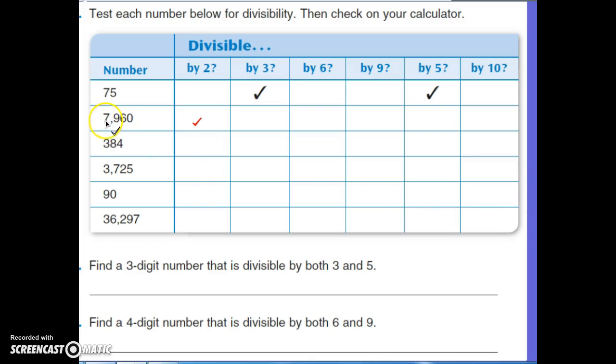Well, I need to add 7 plus 9, which is 16, plus 6, which is 22. 22 is not divisible by 3. I can't do 22 divided by 3 and get a whole number, so it is not divisible by 3. Is it divisible by 6? We go back and check our rules. It's only divisible by 6 if it's divisible by 2 and 3, and it's not.